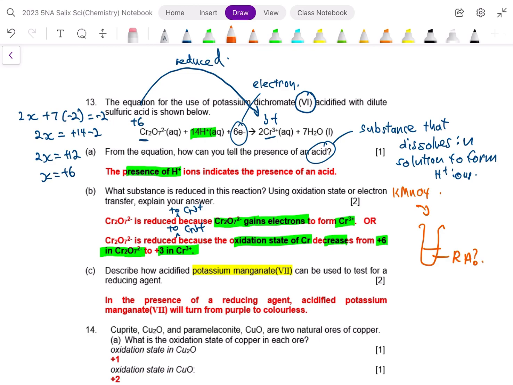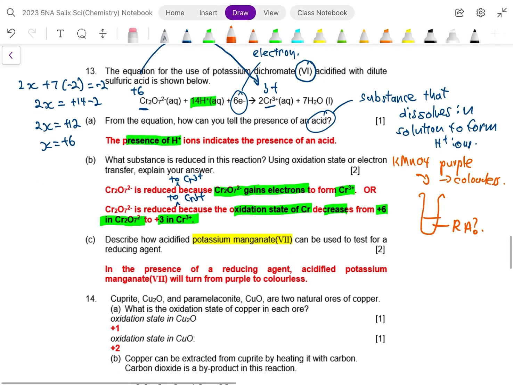If it turns from purple to colorless, then you have a reducing agent inside this test tube. So you are told potassium manganate will turn from purple to colorless.